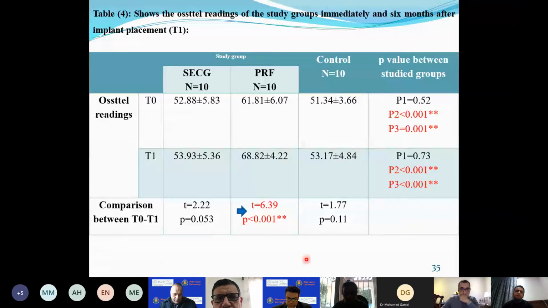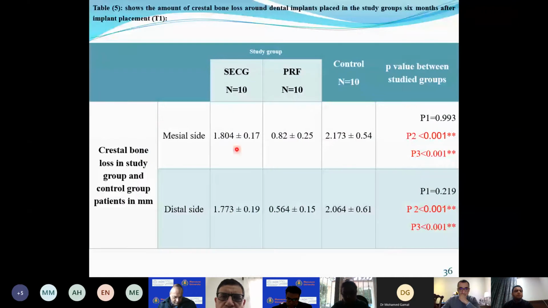Table 4 shows the ISQ reading of the study group immediately and 6 months after implant placement. There was high significant difference at the side of PRF. Additionally, there was high significant difference between the PRF side and the control group patients and between both sides of the study group patients. Table 5 shows the amount of crestal bone loss around dental implants placed in the study group 6 months after implant placement.